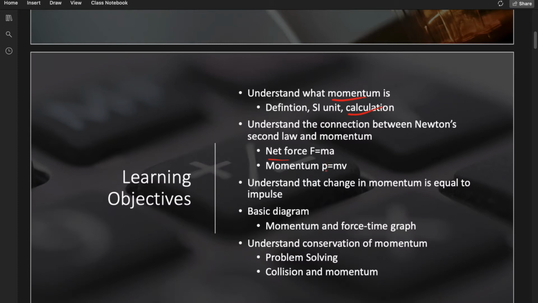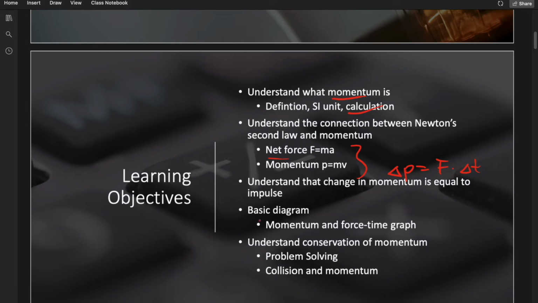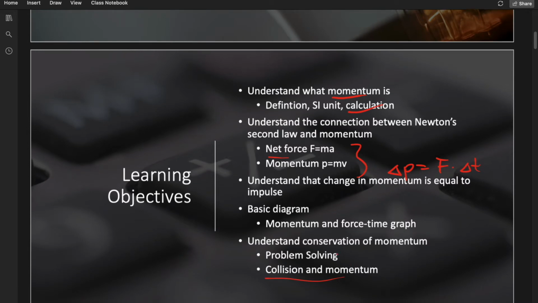And momentum p is equal to mass times velocity. See if you can find a connection between those two equations. You also need to understand that change in momentum, delta p, is equal to impulse, so net force times delta t. And then basic diagrams and conservation of momentum, so collisions and momentum.